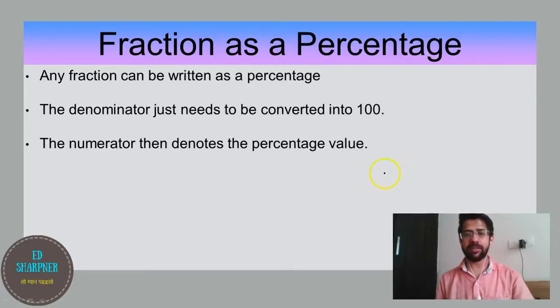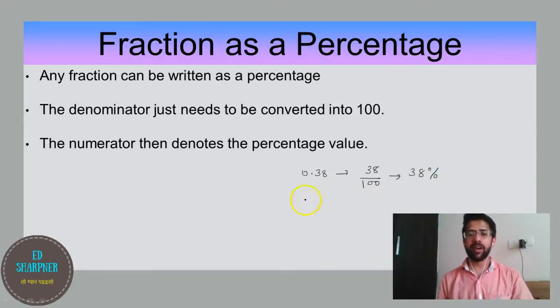So let us say if you have any decimal number such as 0.38. So how can you write it as a percentage? 0.38 is nothing but 38 divided by 100, right? Now because this is 38 divided by 100, it is clear that this is 38%. What if you have 0.09?